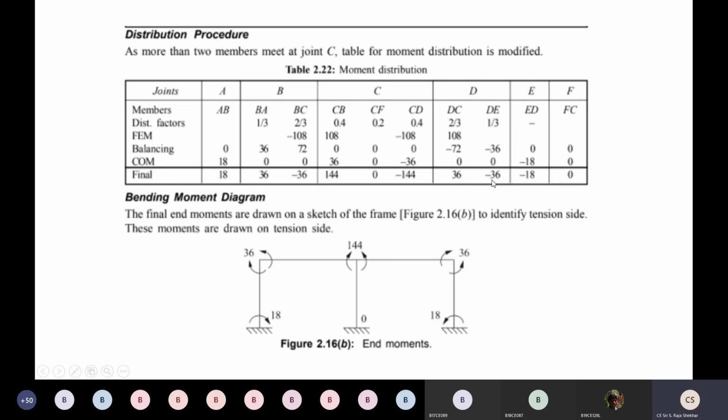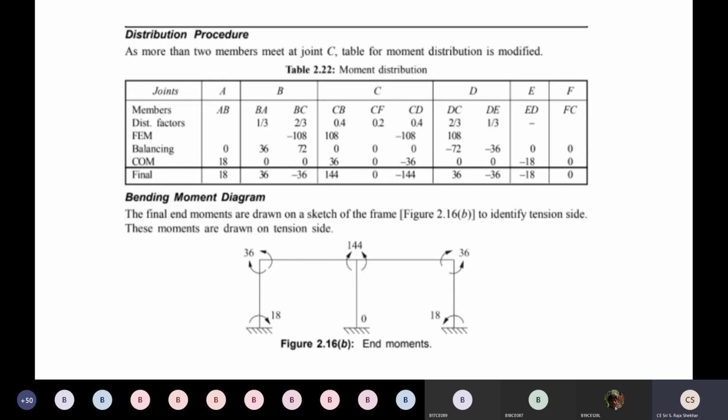At joint D, plus 36 minus 36, it is also satisfying. At joint E, it is a fixed end, so there is no need to satisfy the joint equilibrium equation. Why? Because it is a fixed end, it will take the moment. Here minus 18 is there. At joint F, there is no moment, it is 0. Like that, we have calculated all the final end moments.